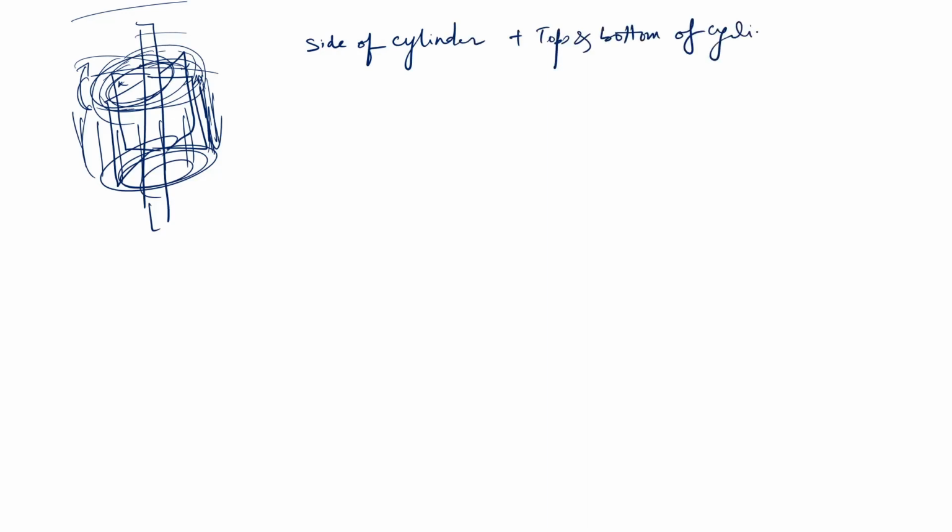Above there is soil, so it has to rotate against the soil above it. So there are two different parts: the side of the cylinder, plus the top and bottom of the cylinder. These are the areas which give the resistance against the applied torque.